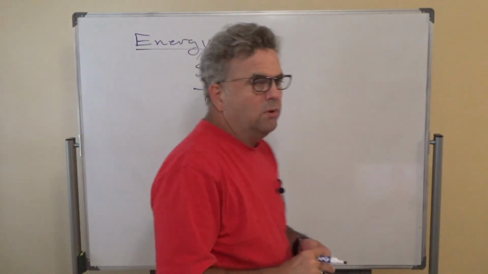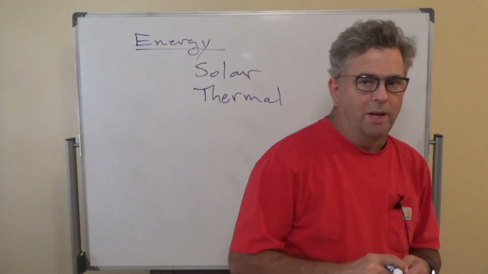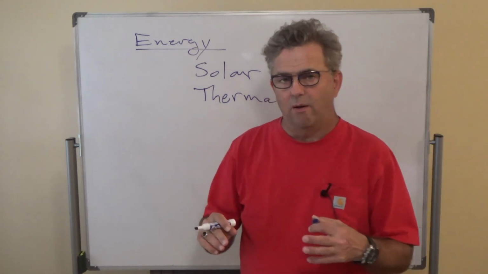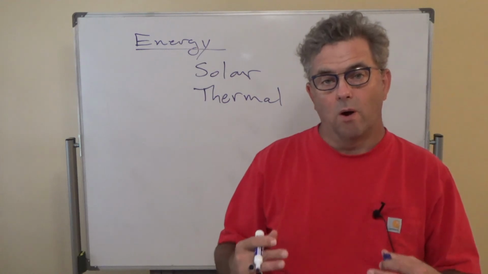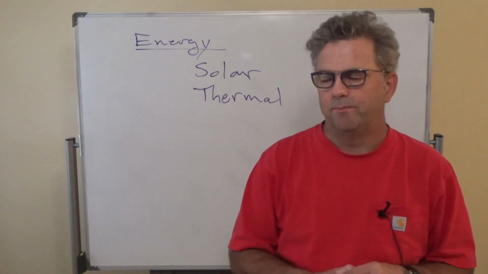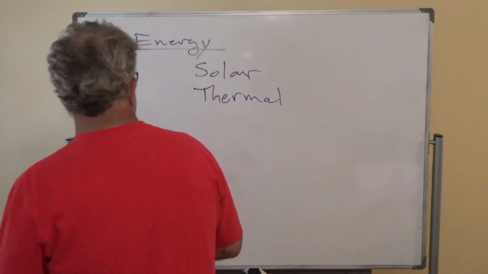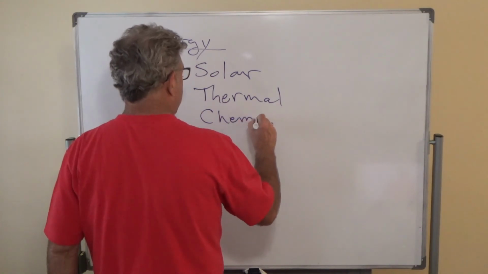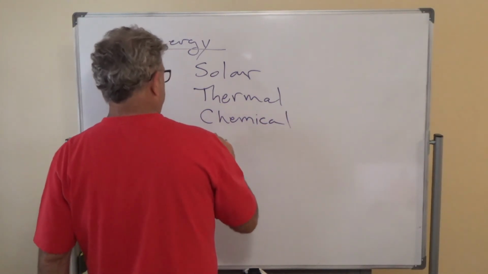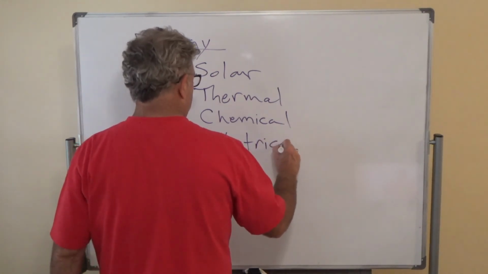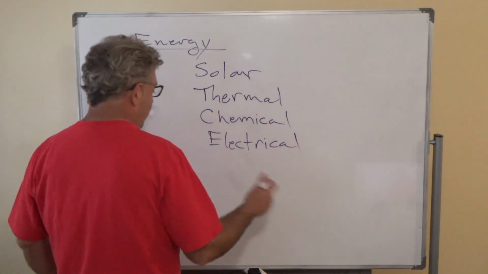And all of these, we'll get into this idea of the ability to do work in a minute when we start talking about what we mean by work. What's the physics definition of work? Solar, thermal energy, chemical energy, electrical energy, nuclear energy.